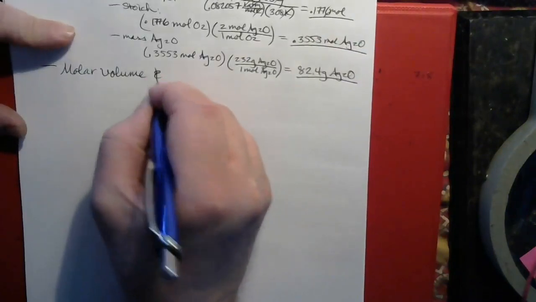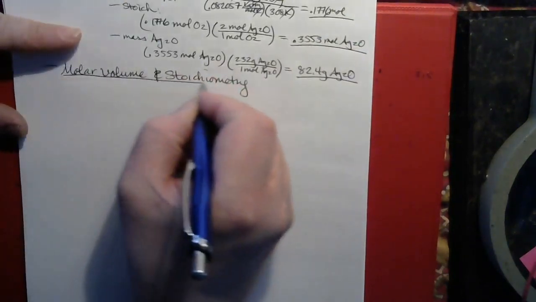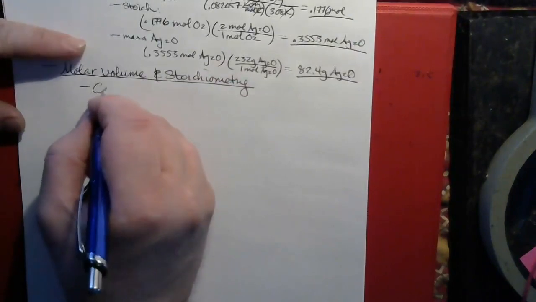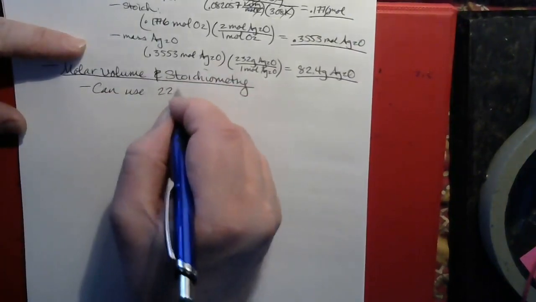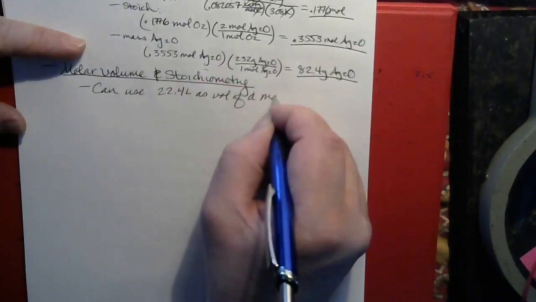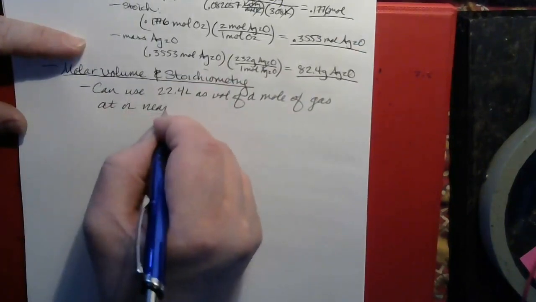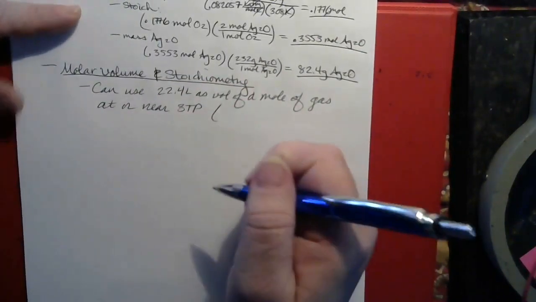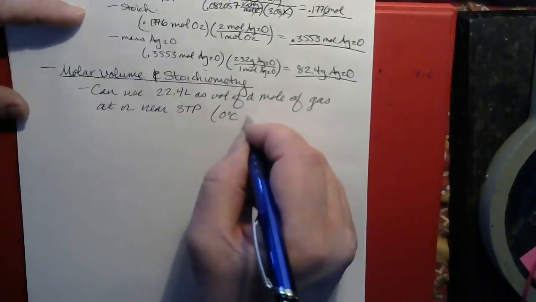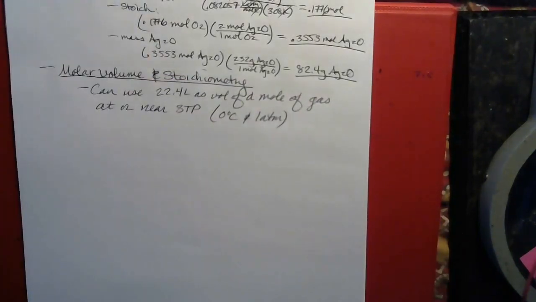Another shortcut deals with molar volume. At or near standard temperature and pressure, which would be 0 degrees Celsius and 1 atmosphere, we can use 22.4 liters as the volume of 1 mole of any gas.